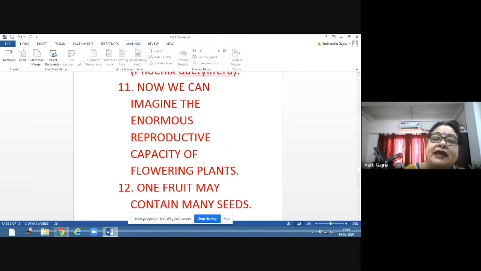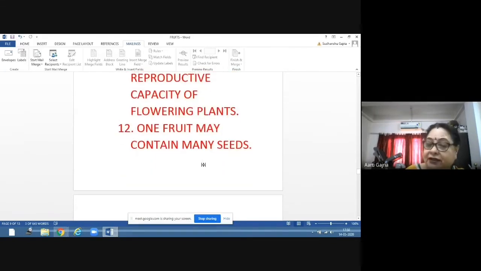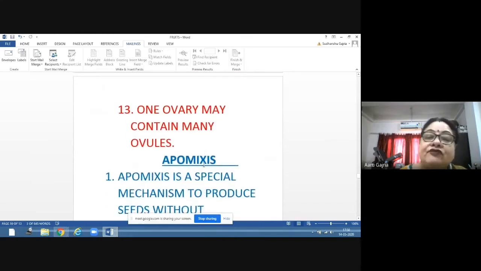Nature has ensured that the reproductive capacity of these flowering plants is enormous, because one fruit may contain many seeds and one ovary may contain many ovules.